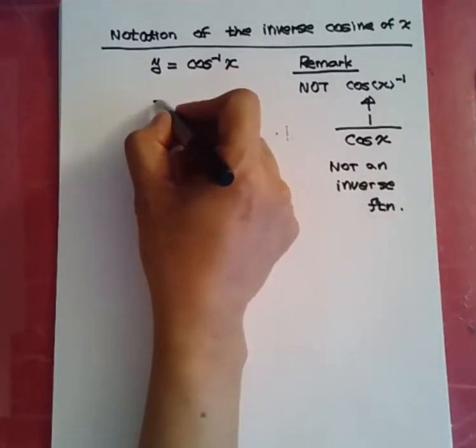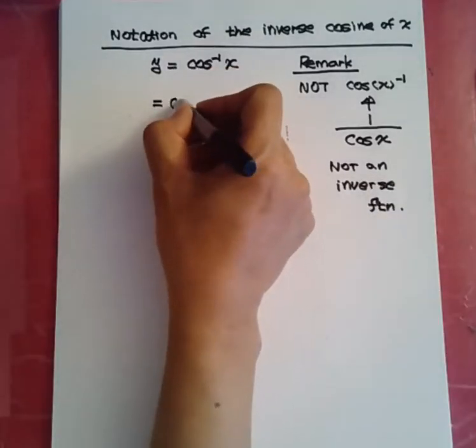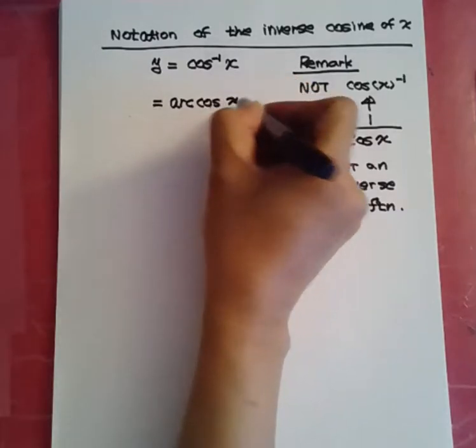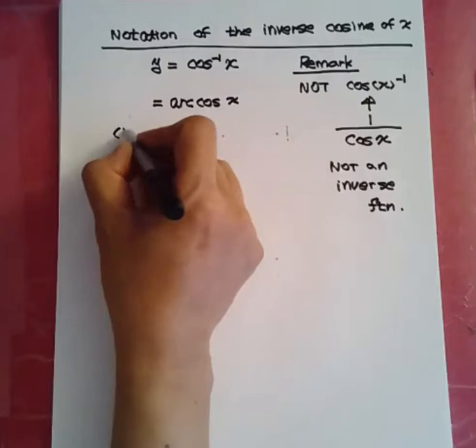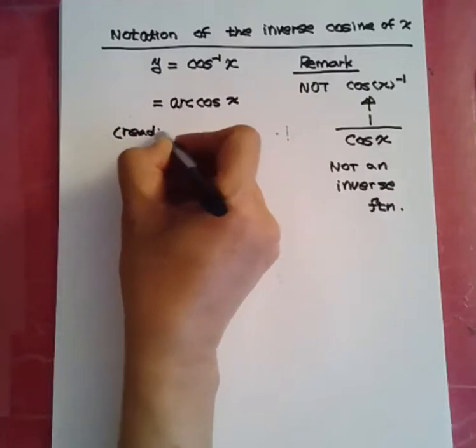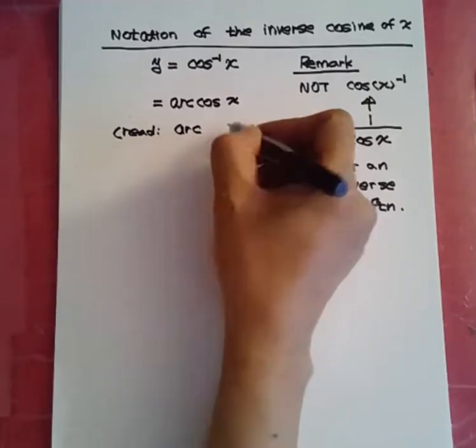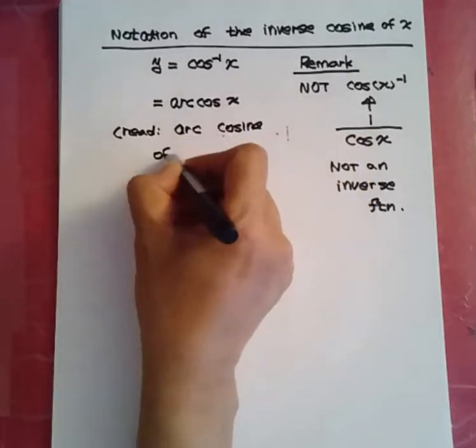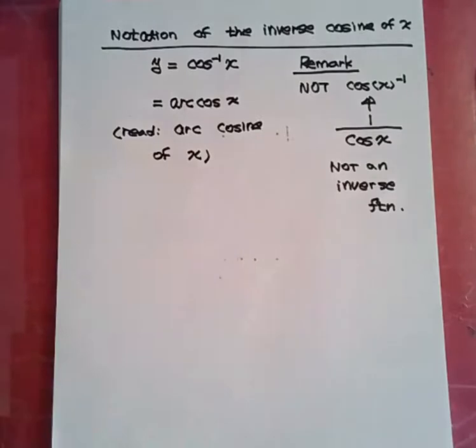Sometimes we use arc cosine notation, ARC COS, and we read it as arc cosine of x. That is the same as inverse cosine of x.